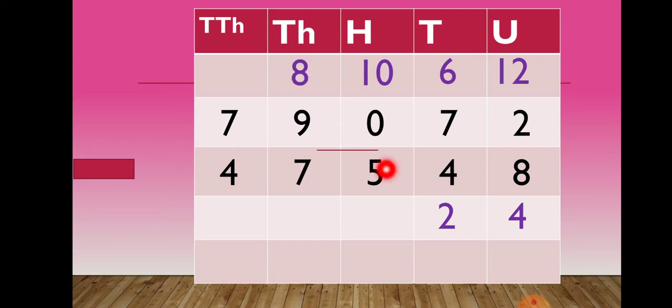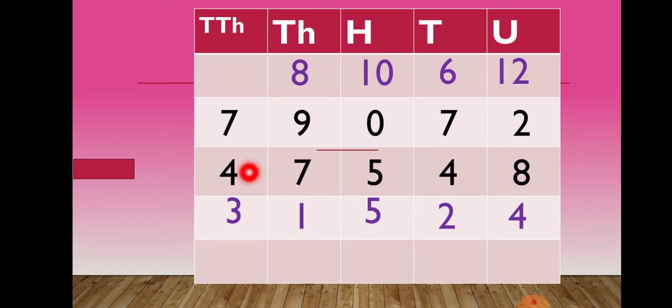Now subtract 5 hundred from 10 hundred, remainder is 500. Now subtract 7000 from 8000, remain 1000. Now last one, subtract 14,000 from 17,000, remain 3,000.